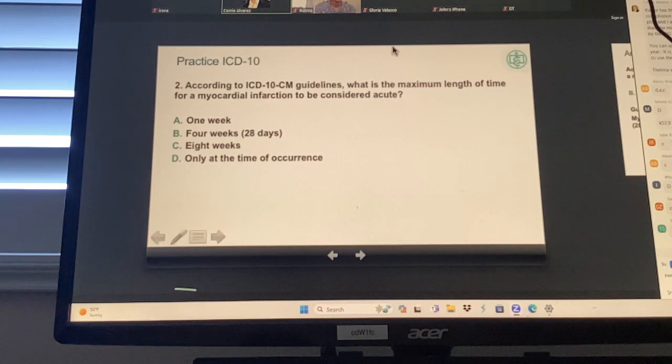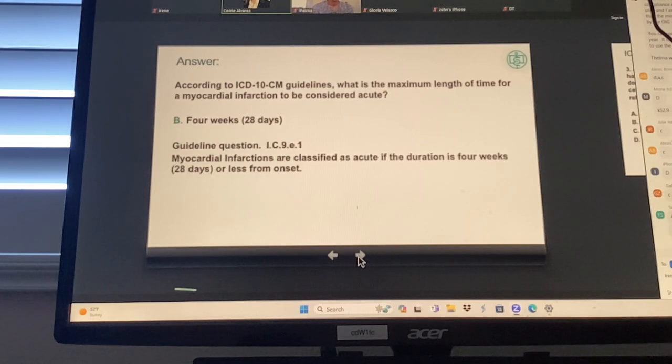B, as in boy. This guideline is the maximum length of time to be considered acute, and it is found in 1C9.